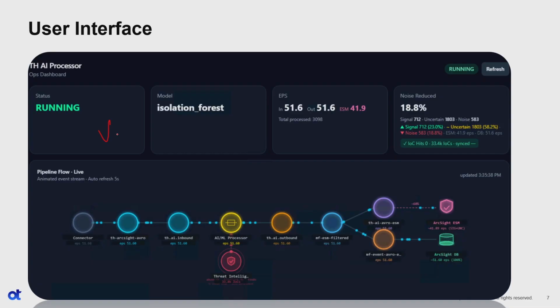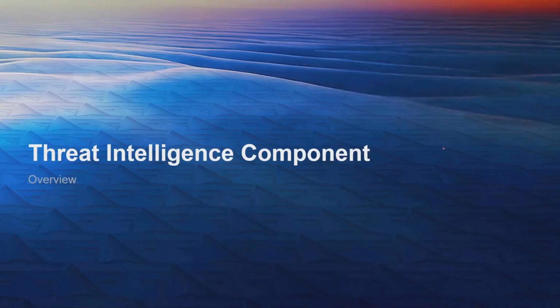The data that is getting evaluated, also the EPS essentially that flows through, and of course the actual noise reduction plus identified signals, uncertain classified events. And I have also added another category for indicators of compromise hits, that has to do with the threat intelligence component, which is on the next slide.